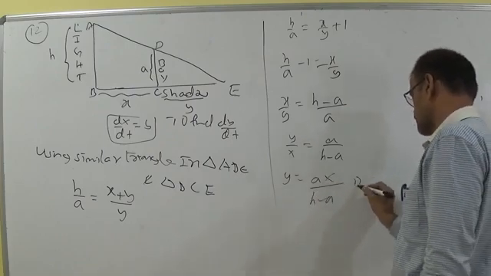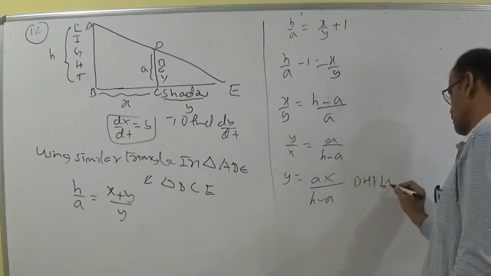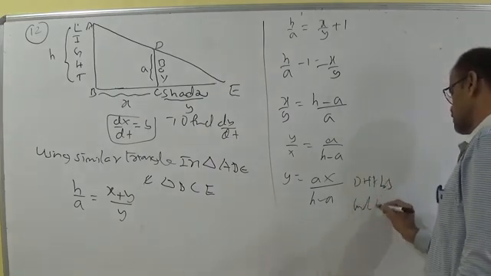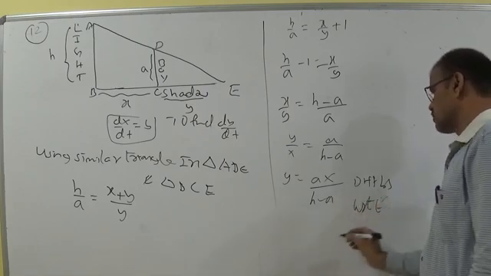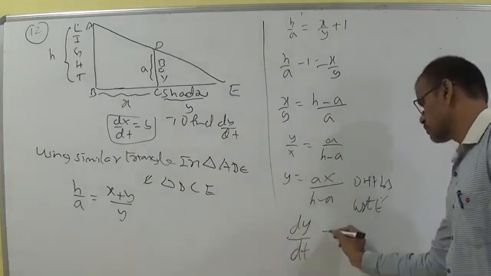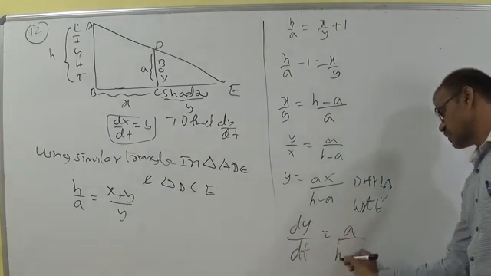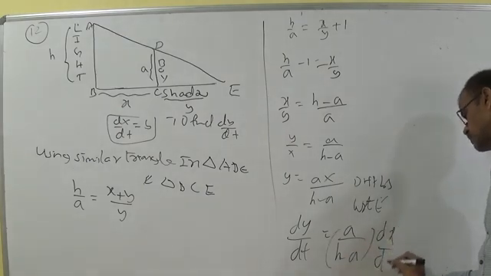ఇప్పుడు diff both sides అర్థం. diff both sides with respect to time. with respect to time ప్రతిదానికి వాడుతున్నాం. సో dy by dt is equal to a by h minus a into dx by dt.